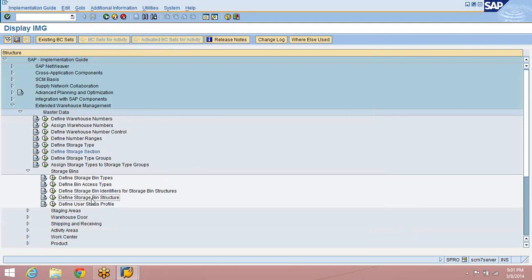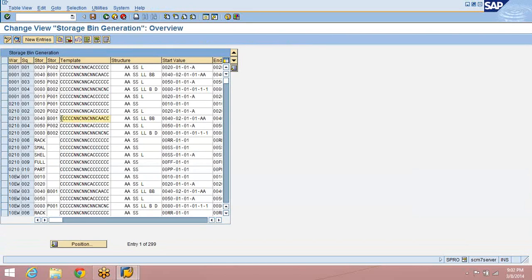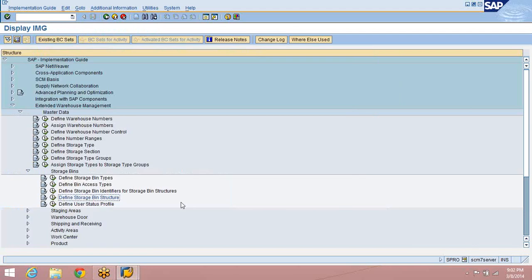Here that's not allowed. We use the same LS10 for the structure, LS11, and your LS01, LS02, LS03. They are the same T codes, but they have to be appended with SCWM when you call them.